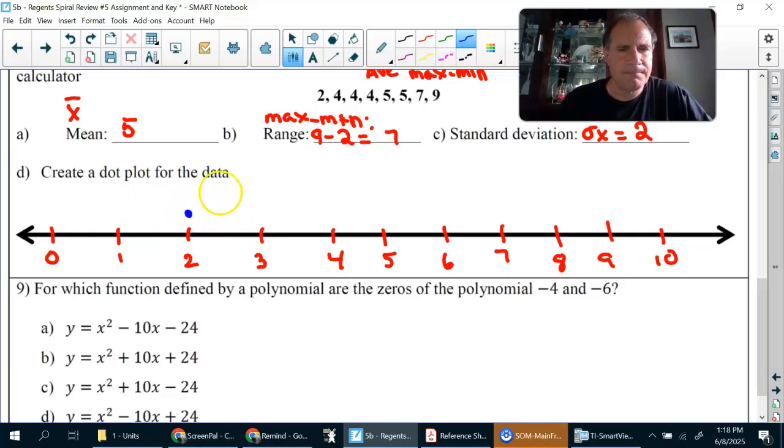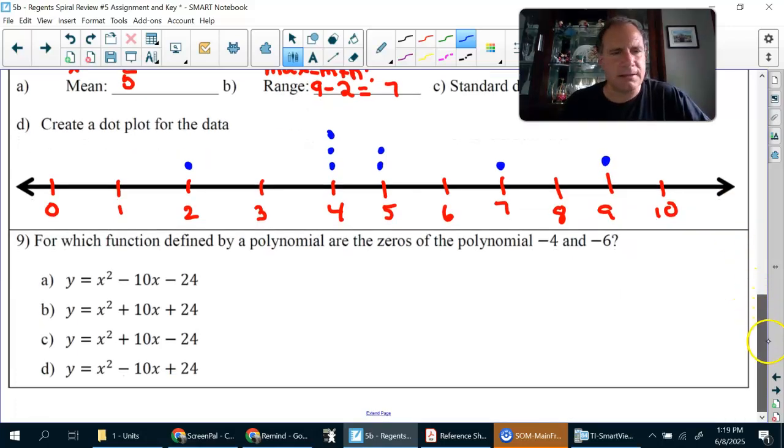So 2, 4 three times, 5 twice, 7, and 9. And that's it.